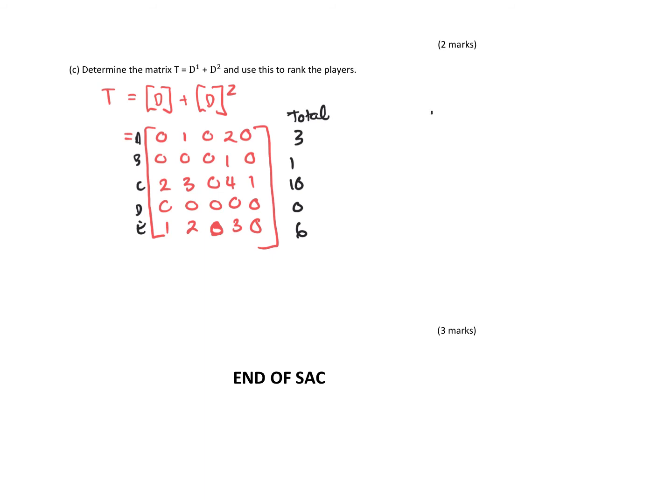So I might say first place was C with 10 points. Second place was E with 6. Third place was A. Fourth place B, and fifth place was D. Okay, so there's your ranking, and that's what they might get you to do.